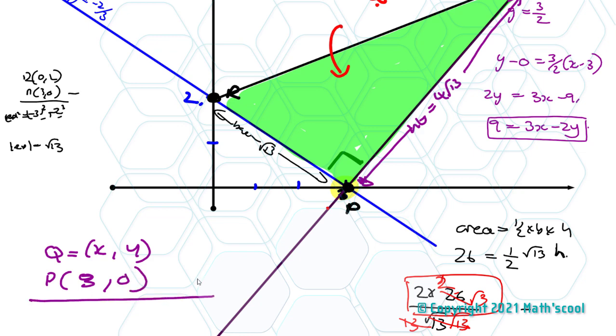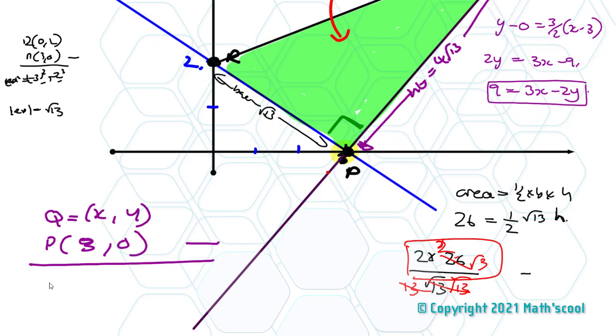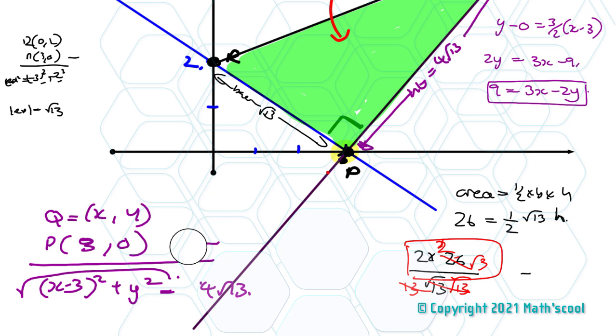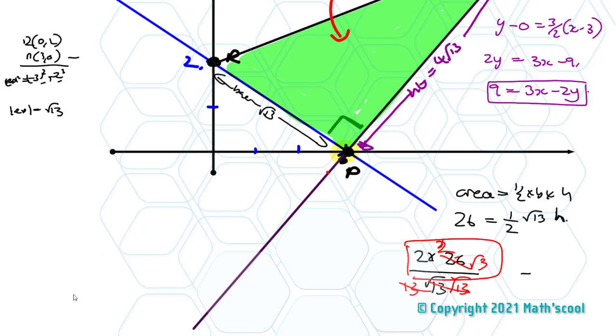And then Q to P, x minus 3 squared plus y squared equals root 13 squared equals 4 root 13 square rooted. If I try doing that and then squaring both sides, I'm going to end up with a big complicated, messy quadratic-y kind of thing. I mean, it will work, but I'm going to suggest an alternative.